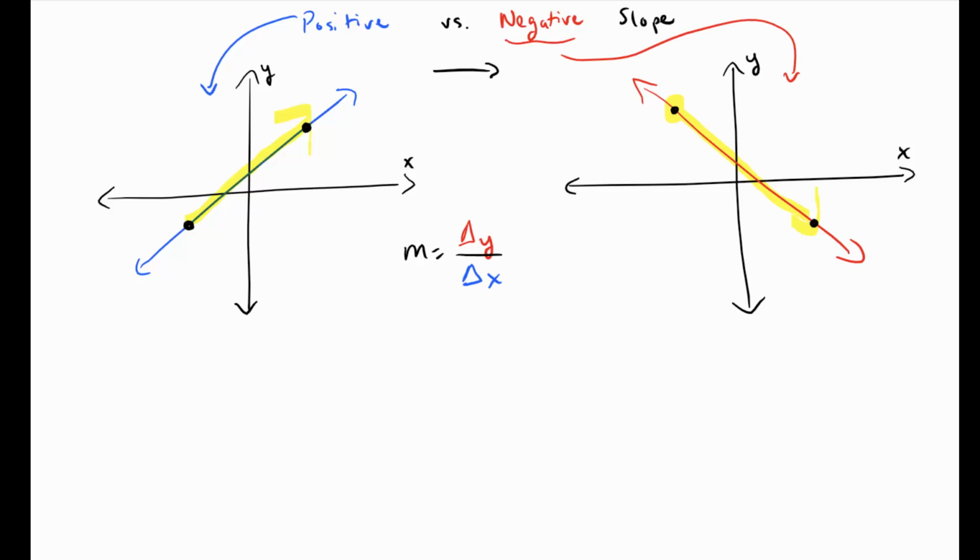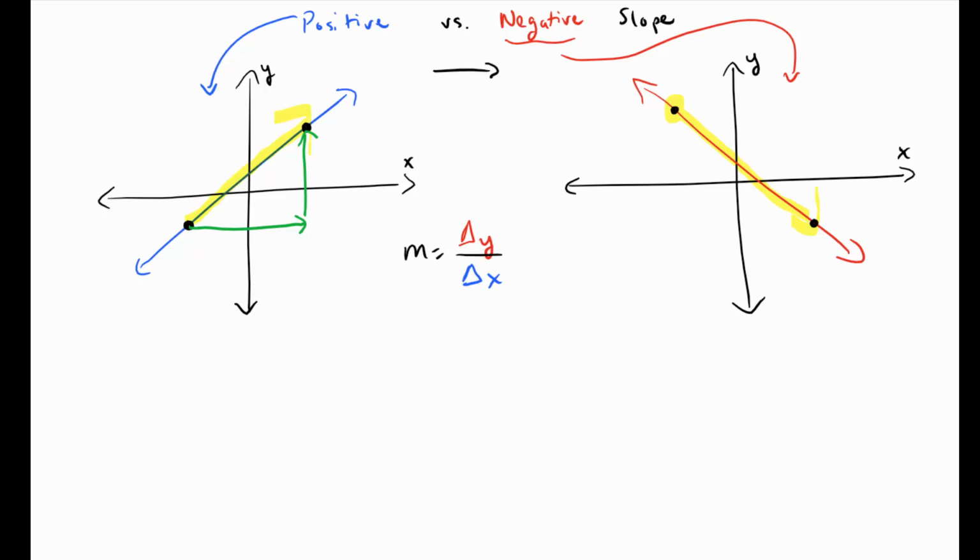Okay? But we can actually do this a little bit better if we consider the fact that the whole reason that we deal with slope the way we do is because it's easier on a graph to count from left to right and from top to bottom, or bottom to top, than it is to count diagonally. That's what an XY axis is set up for, is to count horizontally and vertically.